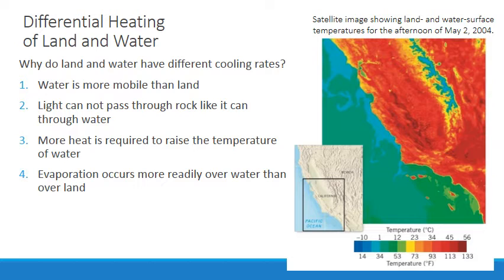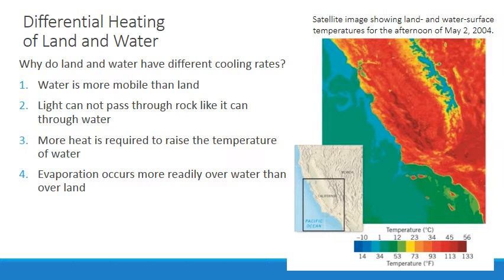Okay, the second reason, and this won't take as much breath, the second reason why there are differences in heating of land and water is because light cannot pass through solid earth materials like soil and rock. Heat is absorbed only at the surface. So just think about how hot sand on the surface of the beach is on a summer day, you move quickly across the hot sand because it hurts your feet.